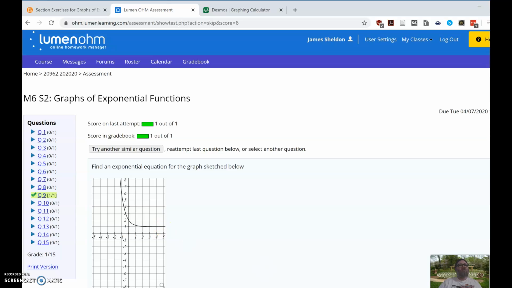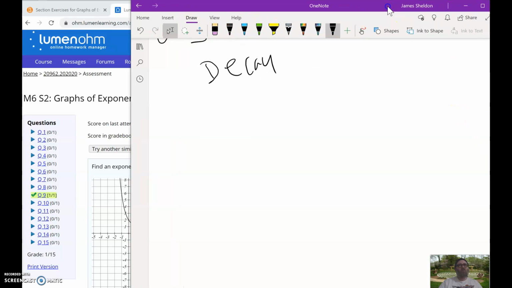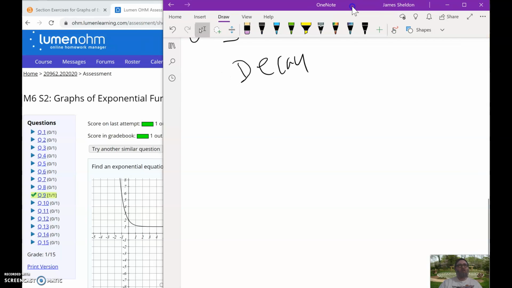And this is great because then when we switch back to working on our equation, so let's say we have f of x equals a times b raised to the x.